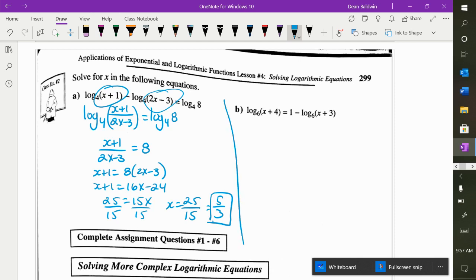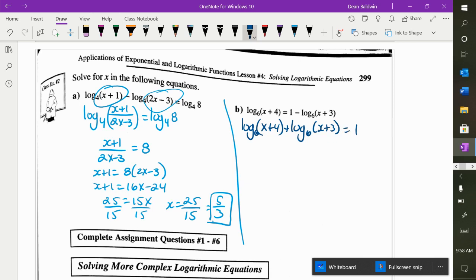All right. Last one for the day. What do we do? Yeah. So you want to combine the logs. All right. If there's a number by itself, leave that over on one side and get this log over here. So log base 6 of x plus 4 plus log base 6 of x plus 3 is equal to 1.